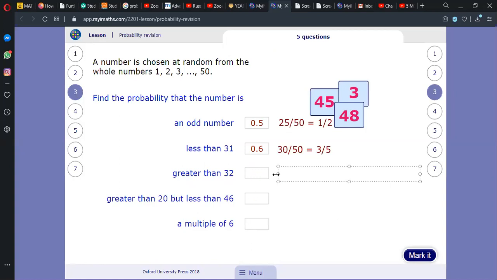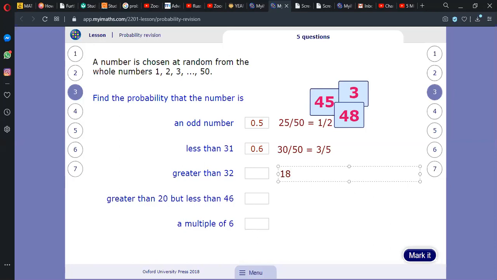Okay, that's going to give you about 18 numbers altogether. All right, let's count it very well and be sure. Greater than 32: 33, 34, 35, 36, 37, 38, 39, 40, 41, 42, 43, 44, 45, 46, 47, 48, 49, 50. Yes, we were correct.